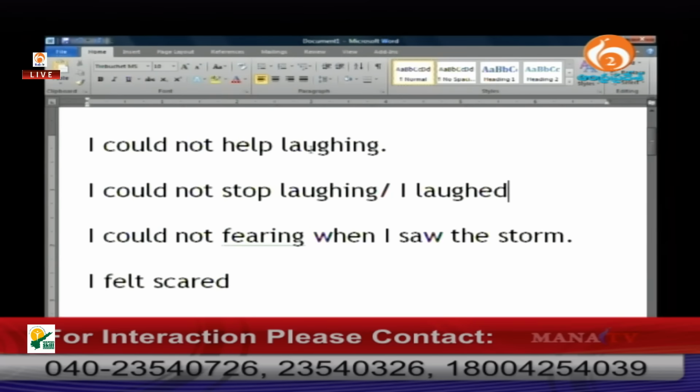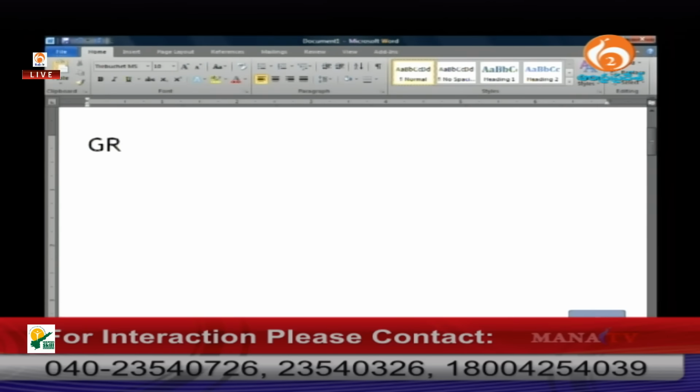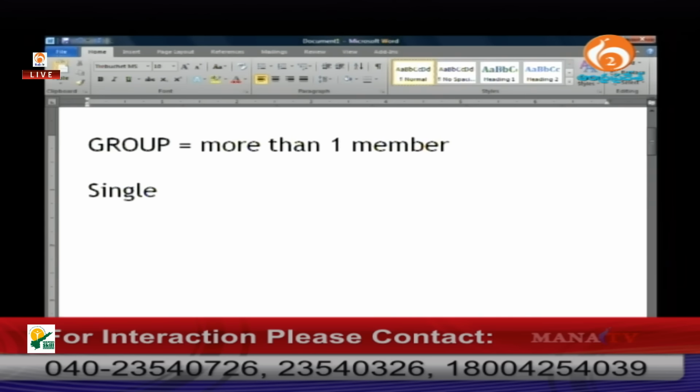Now the point to be noted here is, group means what? More than one member. But here the group denotes a singular form. It doesn't say groups, it says group.